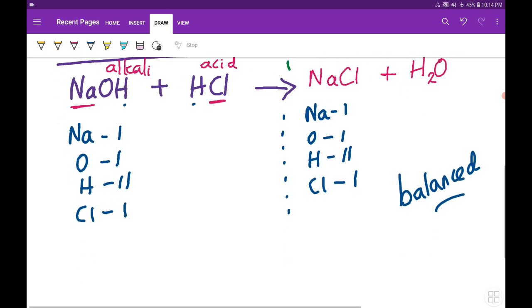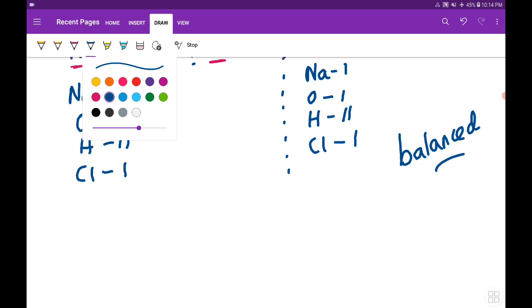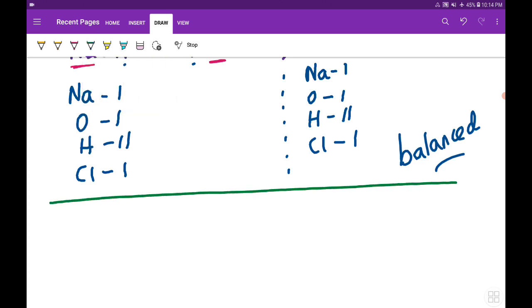Let's move to a little bit more complicated one. That is the copper carbonate reaction with hydrochloric acid, another alkali reacting with an acid. Here you need to remember copper has valency 2, so it can create 2 chlorine atoms.